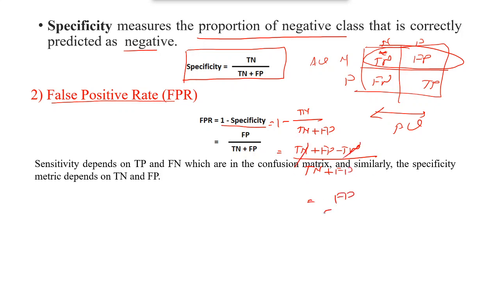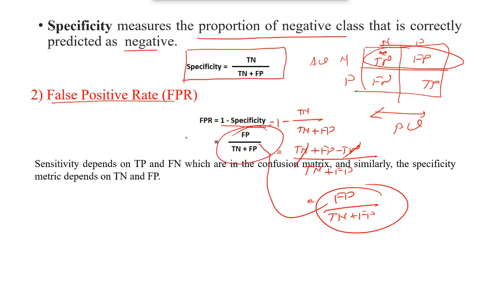Finally you get FP by TN plus FP. So the false positive rate, which we can also call 1 minus specificity, is false positive by false positive plus true negative.